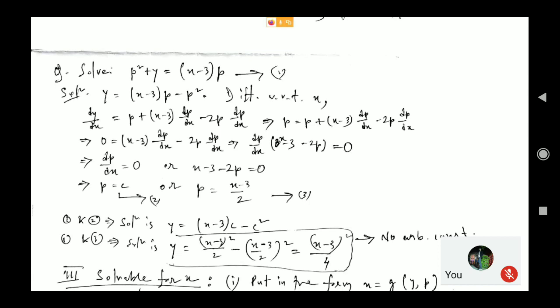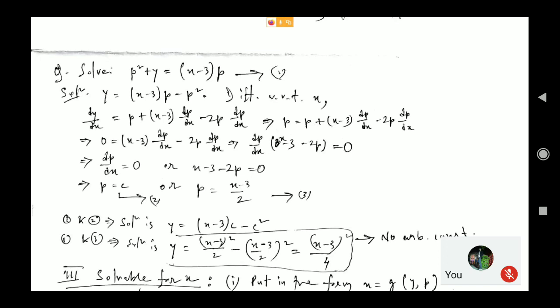Now, do you understand the significance of the presence of arbitrary constant in the solution of a differential equation? For example, suppose a differential equation is there, dy/dx = m, where m is a constant.